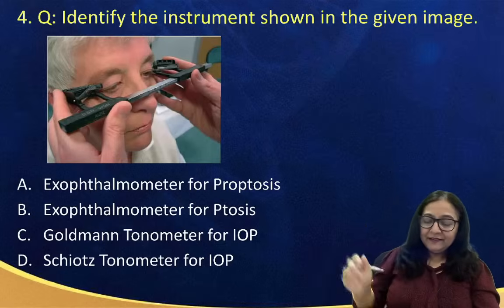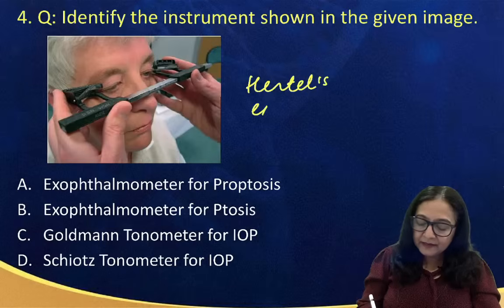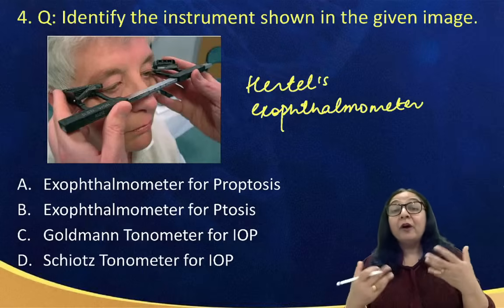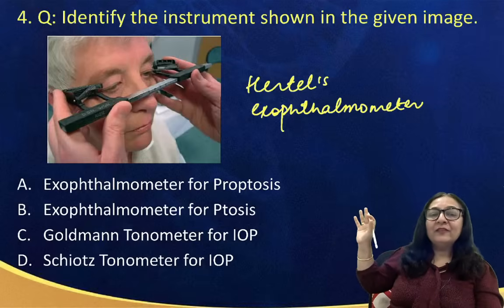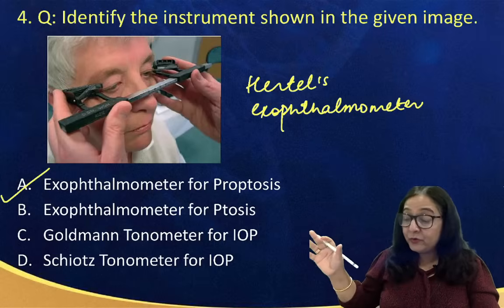So here, as you have told me very nicely, it is Hertel's exophthalmometer, and exophthalmos, as the word suggests, is another name for proptosis, which is protrusion of the eyeball. So this Hertel's exophthalmometer is for measurement of proptosis.